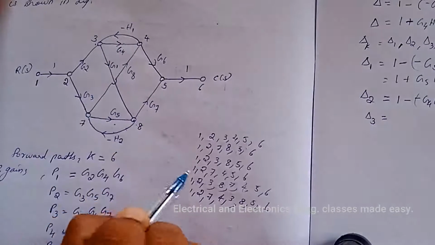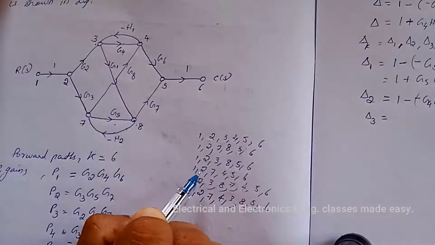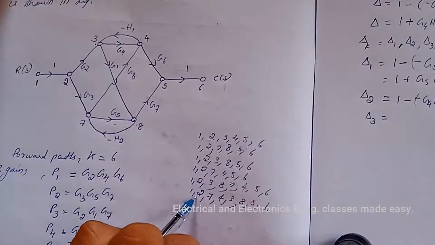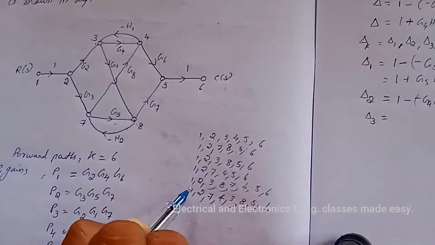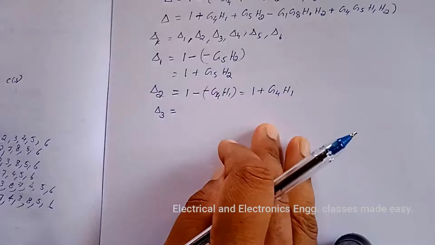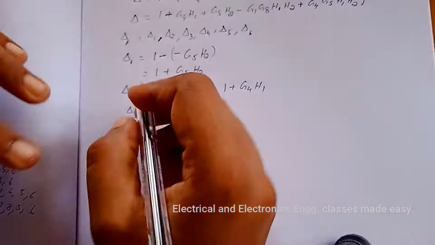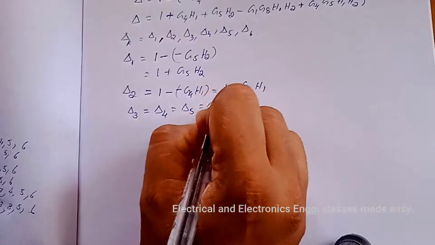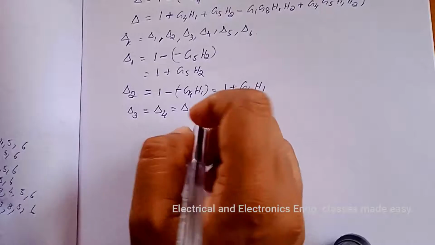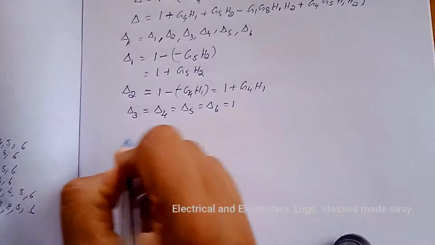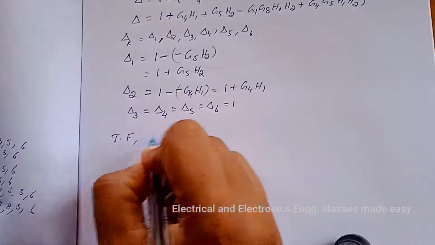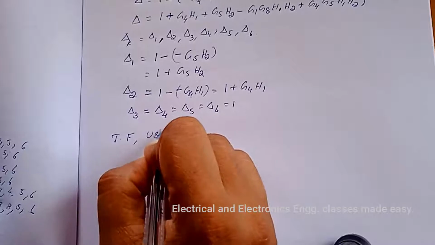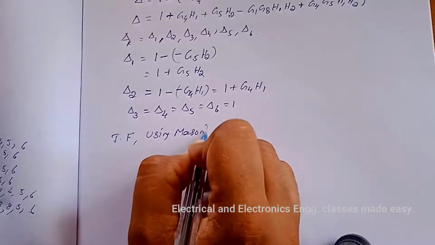So delta 3, delta 4, delta 5 and delta 6 are equal to 1. Now we can find the transfer function using Mason's gain formula.